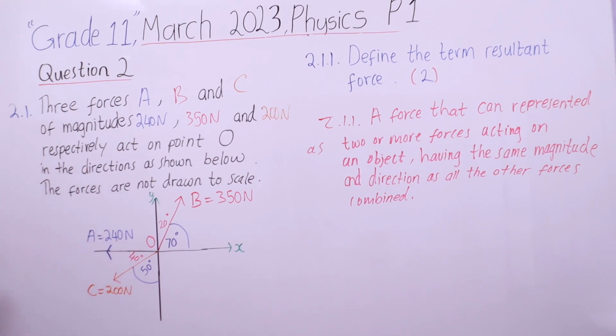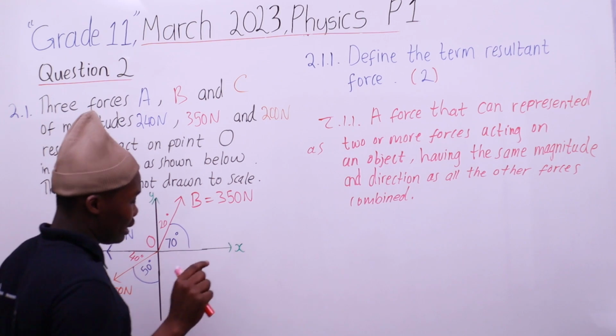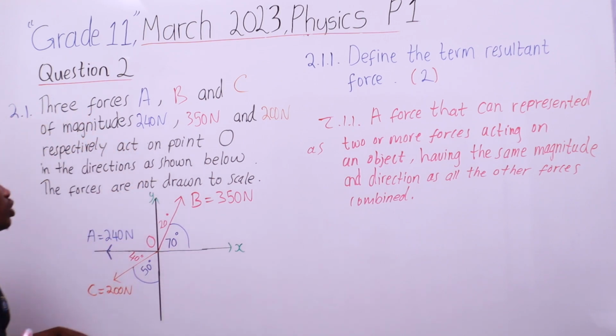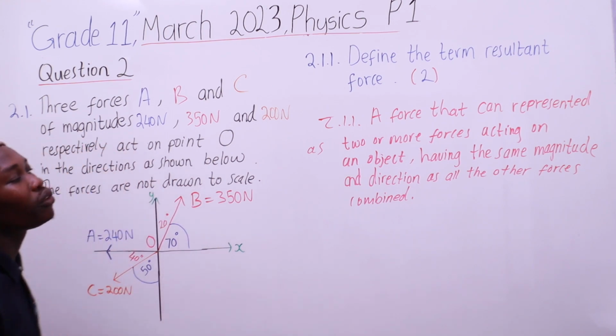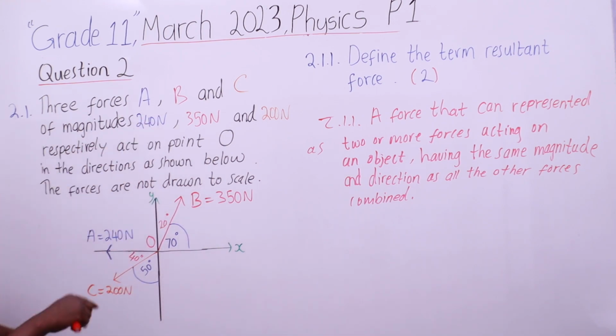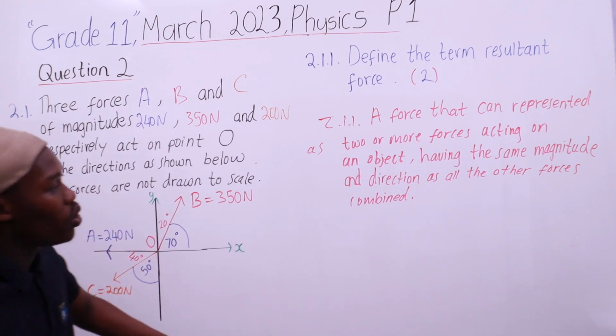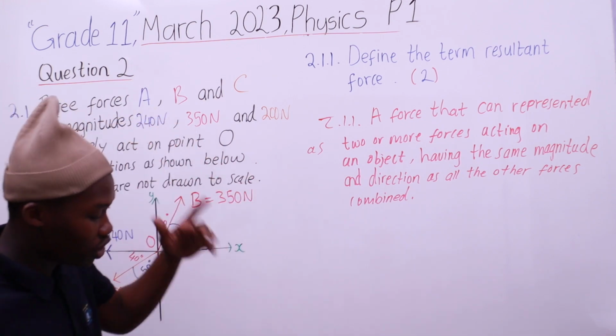And now you understand what forces of three acting on the same object are. All these three forces will equal one force, which is what we call the resultant force, the net force, or the algebraic sum of two or more forces joined together.